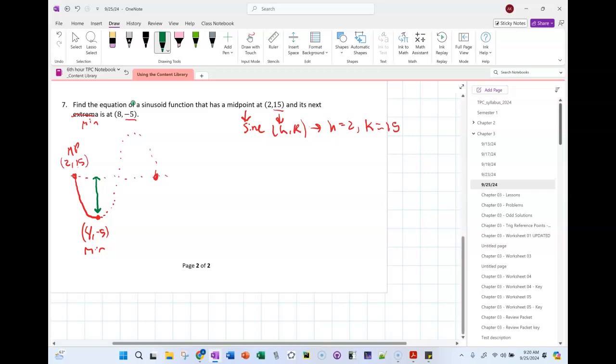So if we started at 15 and we go down to -5, how many have we gone? 10. Nope. So I'd start at positive 15, to 0, I go 15 down, and then I do 5 more down, right? You buy that?